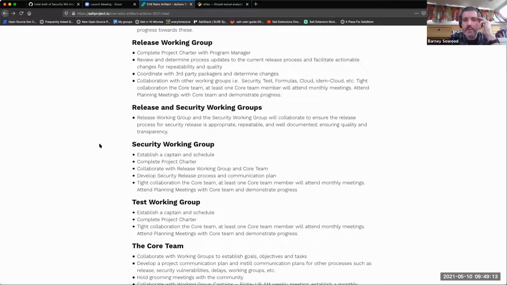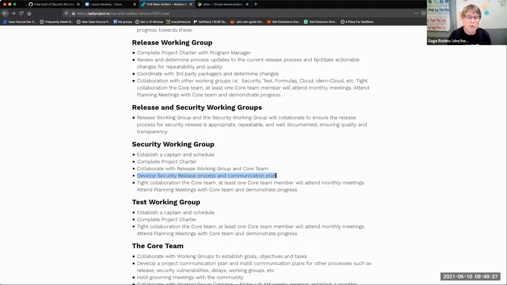How do you see that working? Will that be built on top of the work the release group are doing? And also, how will we work with the core team, the people that are actually going to be doing that release, in order to make that happen?